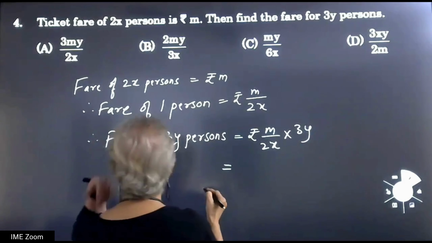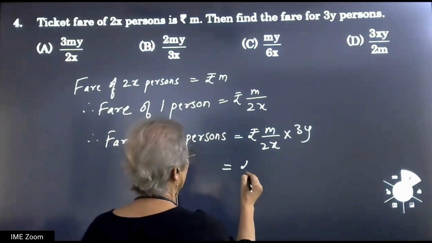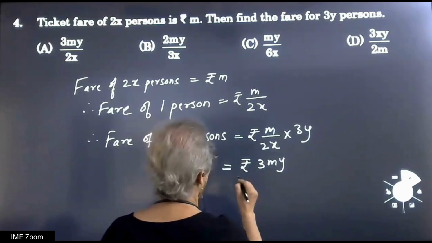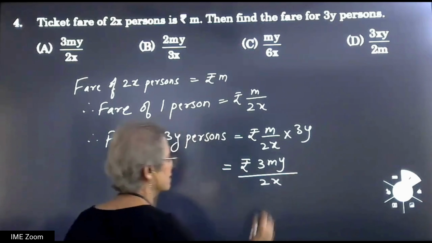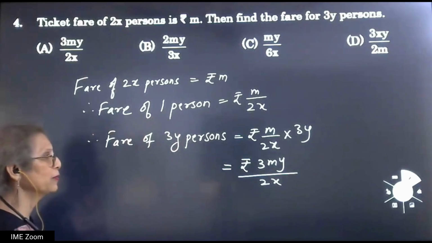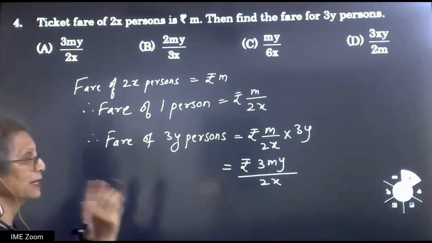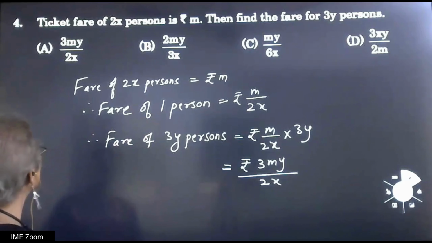And therefore the answer is rupees 3my upon 2x. This is the fare of 3y persons. Where is the answer?